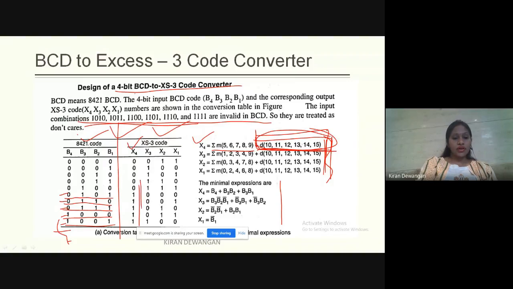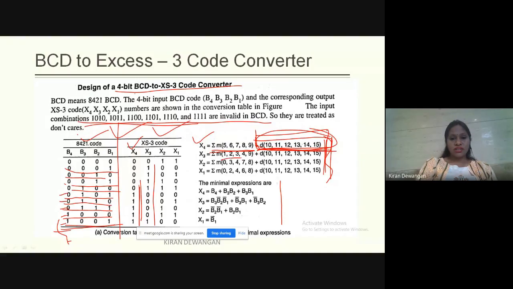So X4, wherever it is going high, we'll take those terms as min terms plus D as the illegal combinations. Similarly for X3 also, we'll write for the terms where it is going high, the combinations where it's going high. It is 1, 2, 3, 4 and 9.